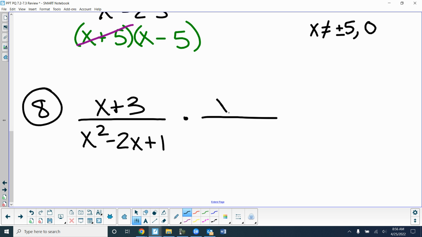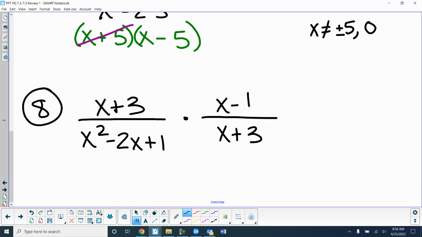Gotta flip it, right? Are we remembering to flip that second fraction and multiply? In dividing fractions, you multiply by the reciprocal.